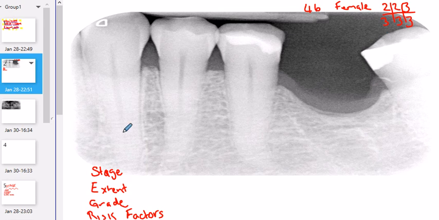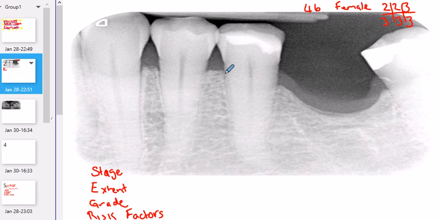Okay, so let's have a look at the stage to start with. Remember, we're going to the most affected tooth, so I'm going to use this tooth here. We're also looking for the staging at bone loss at interproximal sites. So I'm going to use this area here, and now I need to work out what stage it's at.